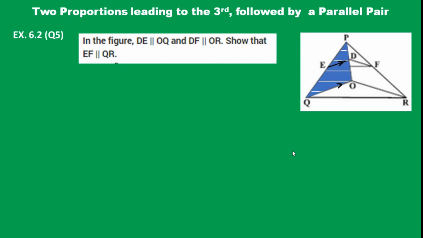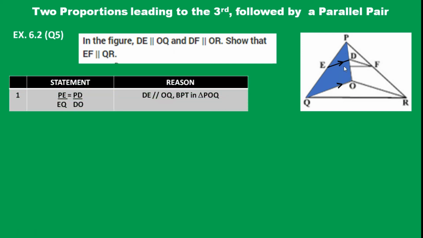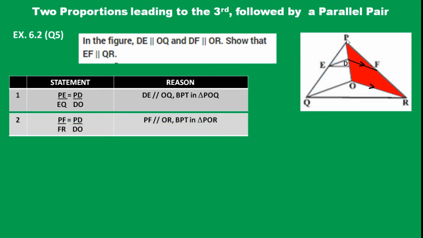So we will take one triangle at a time, and for each pair of parallel lines apply BPT. So applying BPT in the blue triangle, we have PE upon EQ is equal to PD upon DO. Now we apply BPT in the red triangle and we have PF upon FR is equal to PD upon DO.